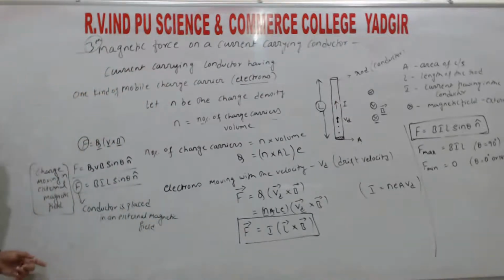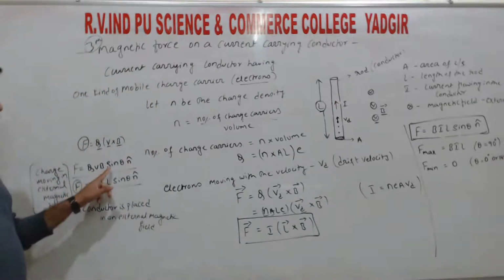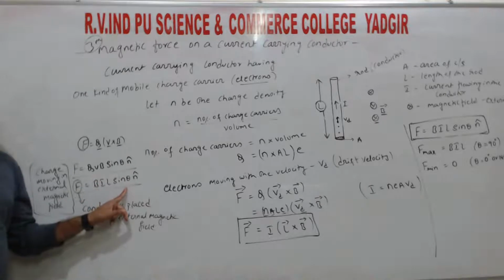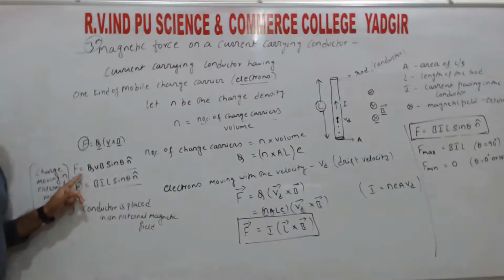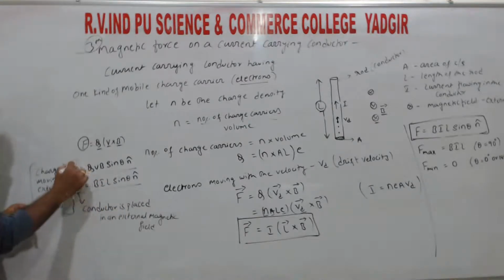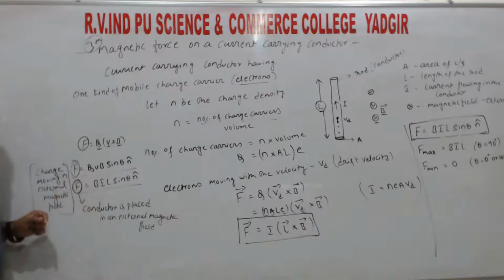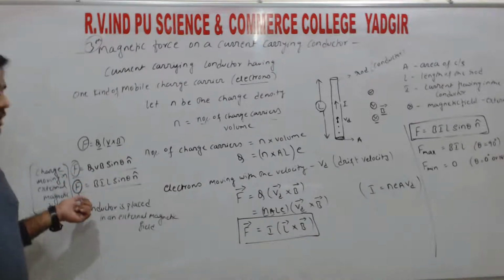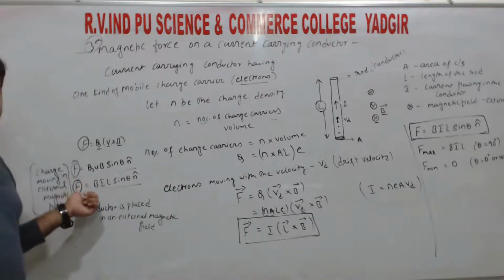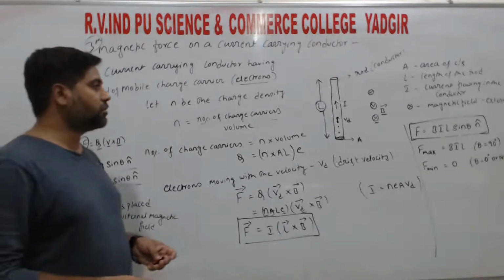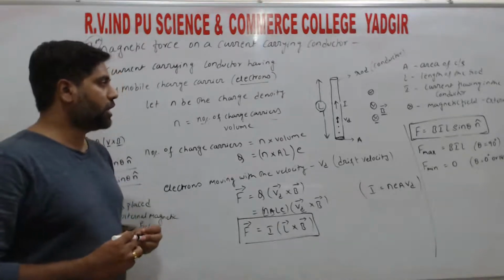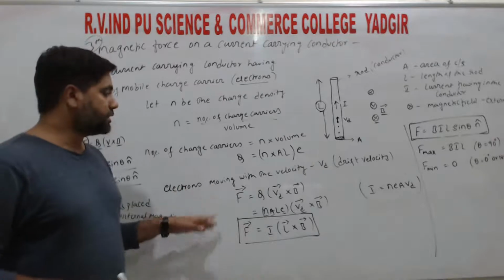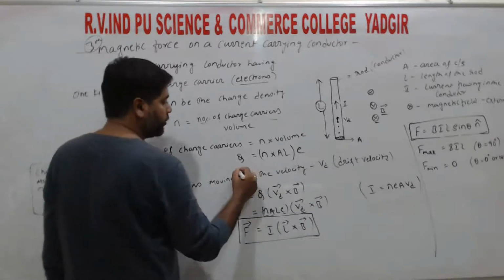Very important: don't confuse F equals QvB sin theta with BIL sin theta. Both are forces. One force is in the case of a charge and the other is in the case of a current carrying conductor. In both, force is produced by the magnetic field, and we will explain that, right? Very important, simple steps, but you must remember this.